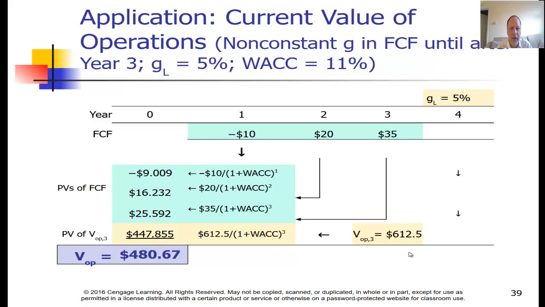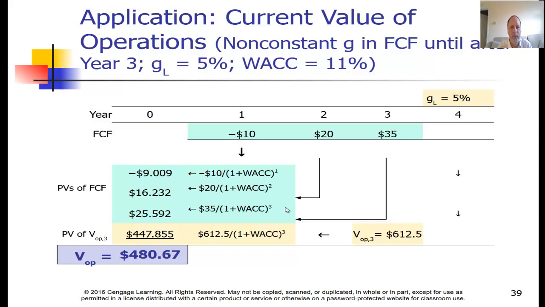We now discount all of these values back to year 0. Minus 10 divided by 1 plus WACC, which is 1.11, gives us minus 9.009. 20 divided by 1.11 squared gives us 16.232.